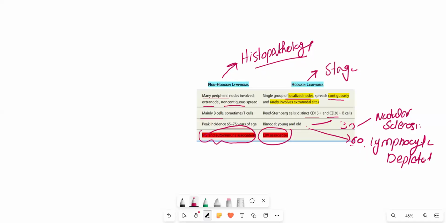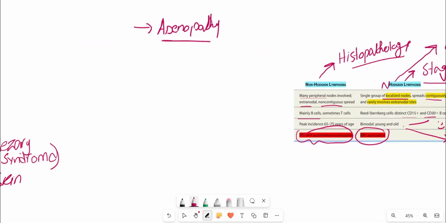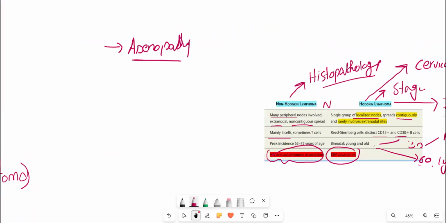Lymphoma typically presents with adenopathy. Hodgkin lymphoma presents with cervical adenopathy, typically above the diaphragm. If it is infradiaphragmatic, it means disseminated disease.